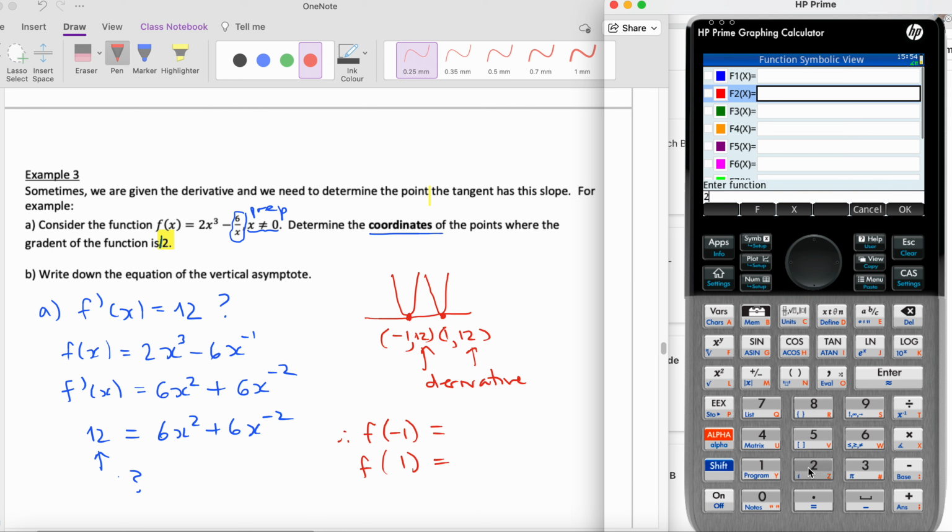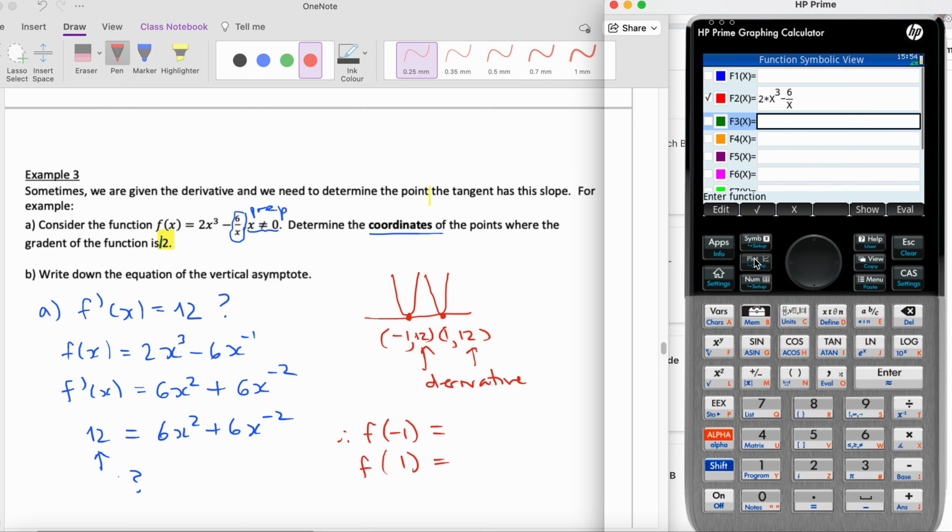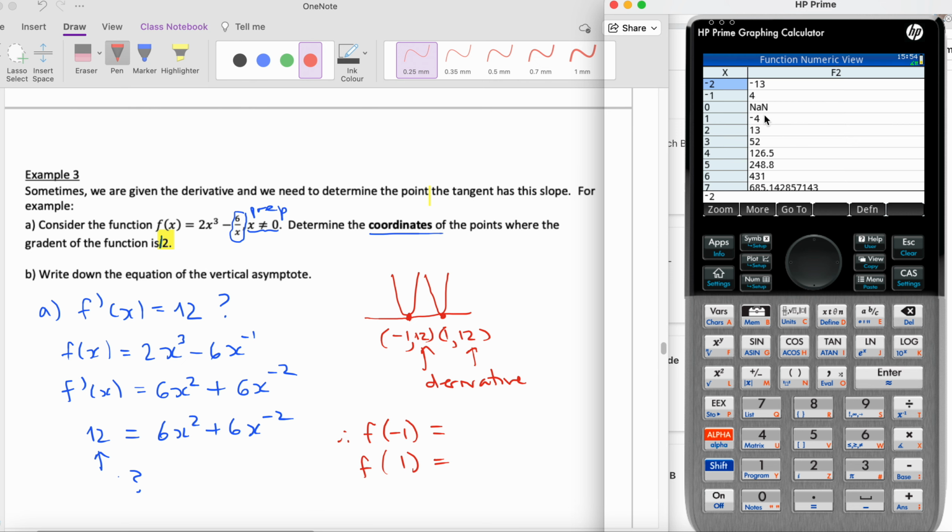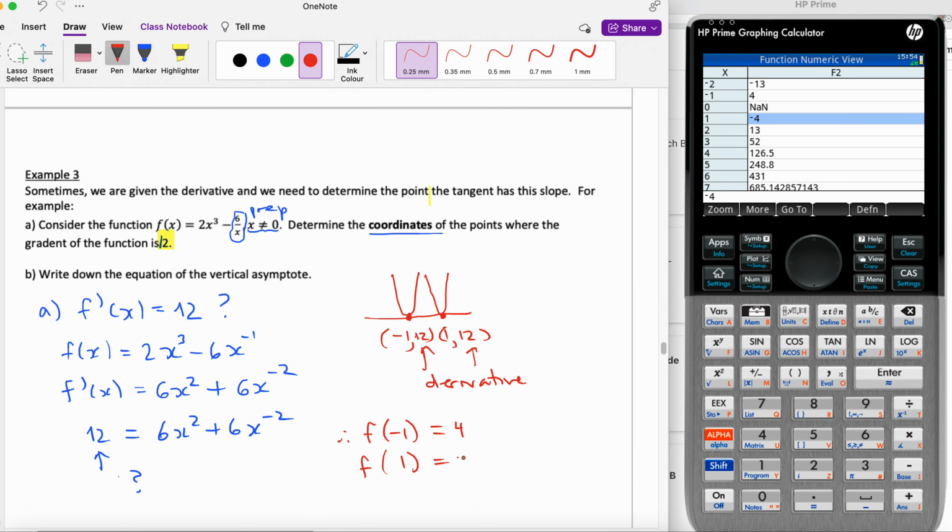Throw in the original function, 2x to the power of 3 minus 6 over x, and then just go to the num, and see, oh, look, at -1, you're at 4. At 1, you're at -4. So these are your solutions, okay? So therefore, your 2 points are (-1, 4) and (1, -4).